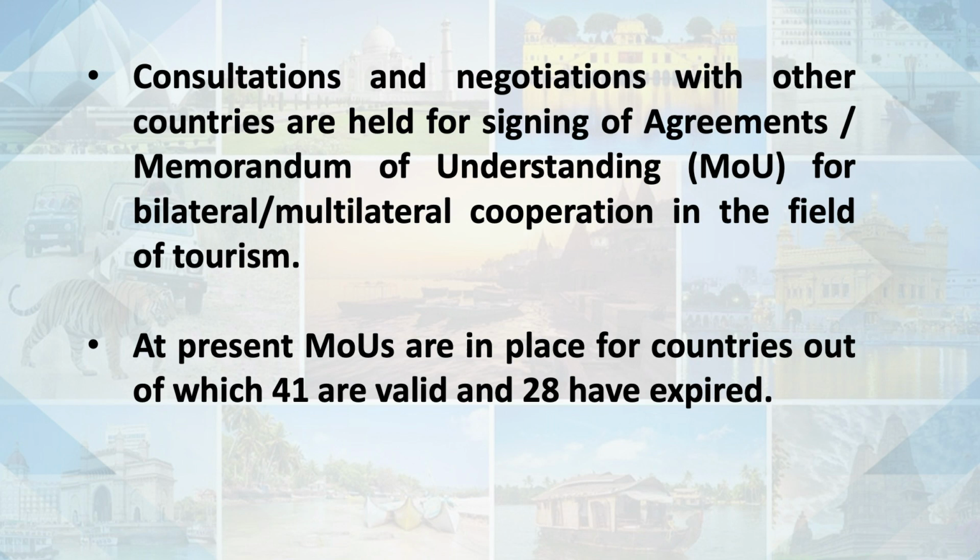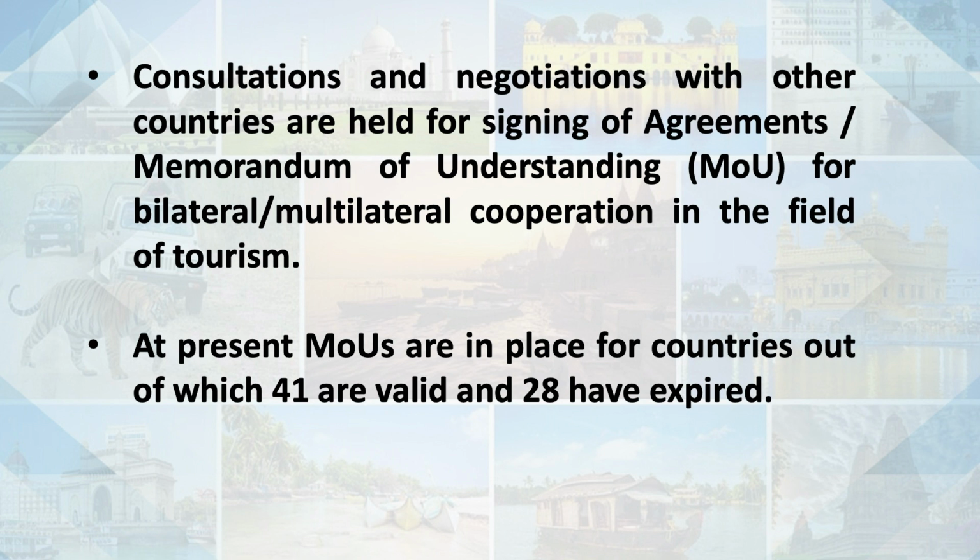So as such, the government is concerned with all these international and bilateral understandings with the help of the international organizations. Consultations and negotiations with other countries are held for signing of agreements and memorandums of understanding for bilateral and multilateral cooperation in the field of tourism.